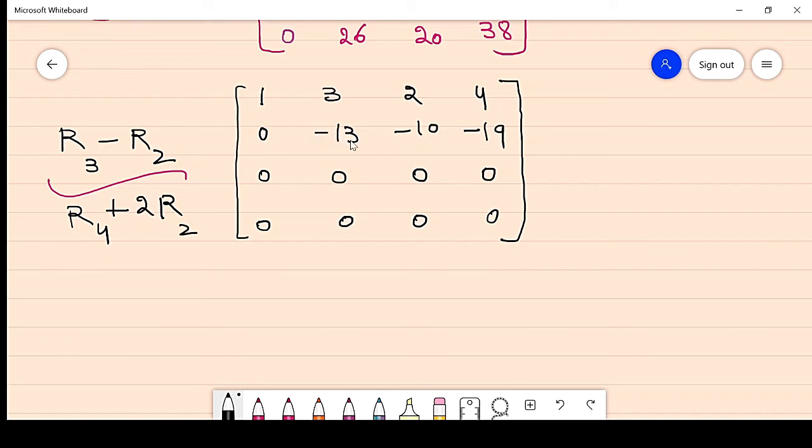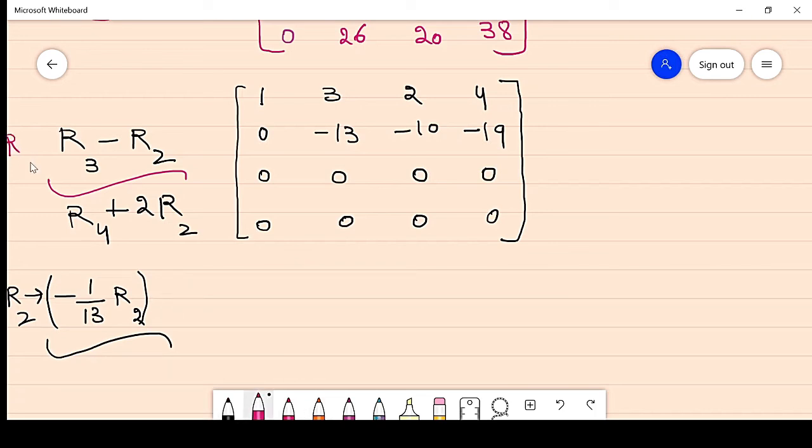To make it 1, I multiply this row by minus 1 by 13, so R2 becomes minus 1 by 13 into R2.